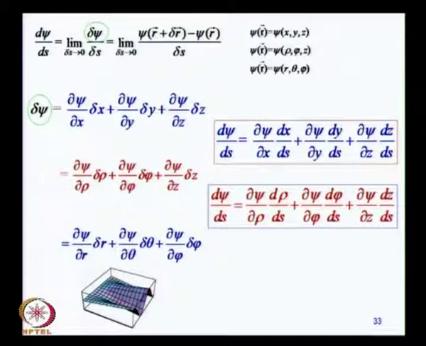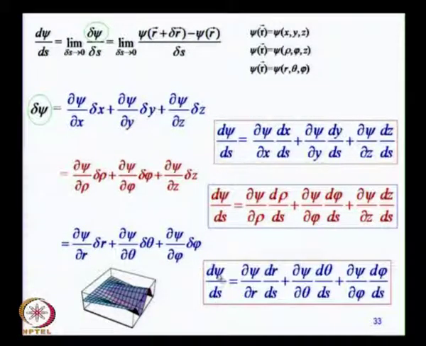So, in the spherical polar coordinate system, you have an expression for delta psi at 2 neighboring points and the directional derivative of psi in the spherical polar coordinate system depending on the direction in which the displacement delta r, this displacement is considered.